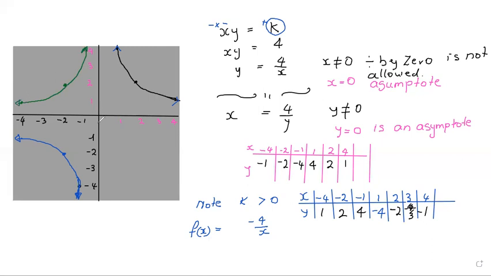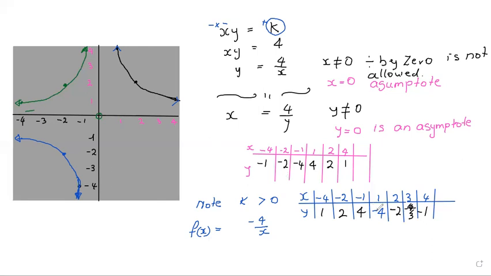I hope you see that when the function approaches y is equal to 0, it goes to infinity. The same thing happens when it approaches x equal to 0, it runs that way. Now go for this one here.